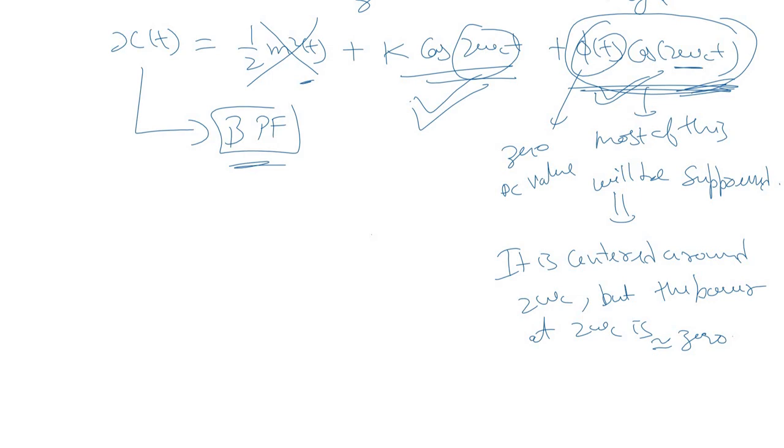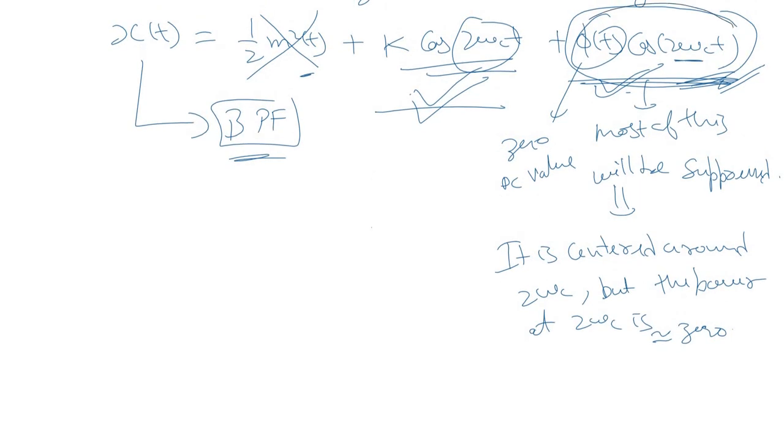That means all the power concentrated at twice of omega c will be passed. So this will be totally passed, and a very undesired and small quantity of this third component will also be passed, right? And this undesired residue will be cleaned up by the PLL.